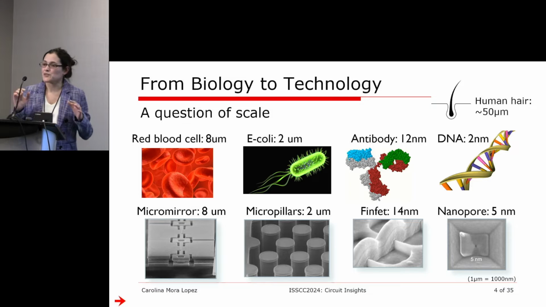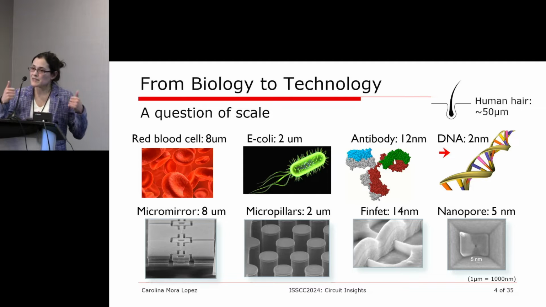So when we want to create these interfaces between biology and technology, we need to think first of dimensions. With the advances of micro and nanolithography that we have now, we can fabricate silicon pieces that have similar dimensions as biological components, such as blood cells, bacteria, antibodies, and even DNA.